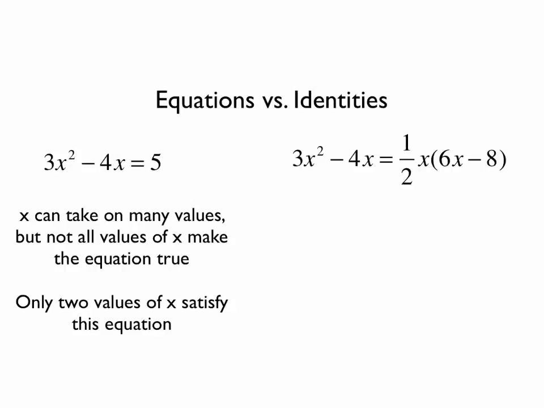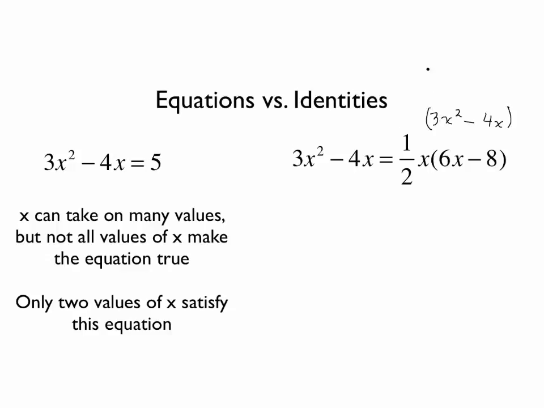In this case here, this looks similar, okay? But if we do some math over here, look at the right-hand side. If we do a little math, what do we get? Distribute. 1/2 x times 6x is? 3x squared. Yep, and 1/2 x times -8. 4x. And what do you notice? Bang.